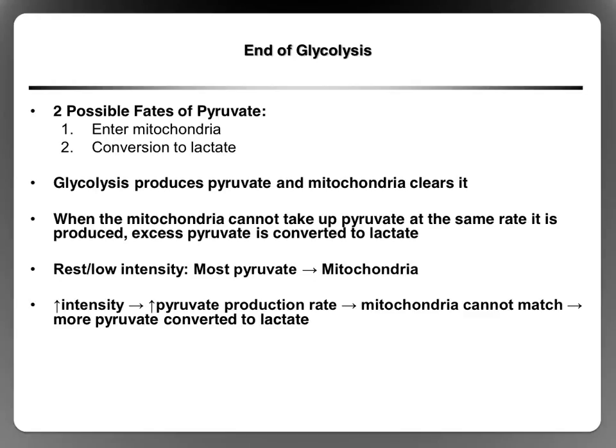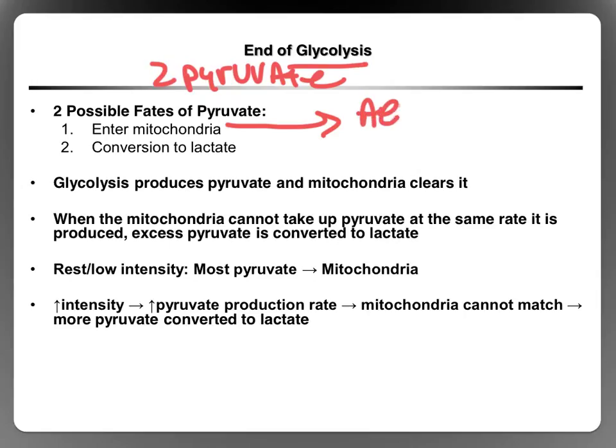All right, so we're at the end of glycolysis. We end up with two pyruvates. Okay, that pyruvate can do one of two things. It can leave the cytoplasm, enter the mitochondria, and then go on and give us more ATP aerobically, or it can be converted to lactic acid.